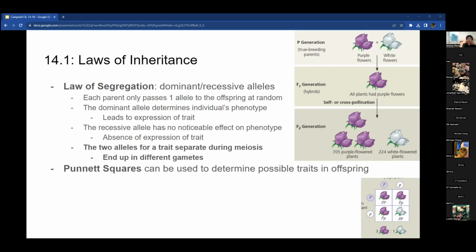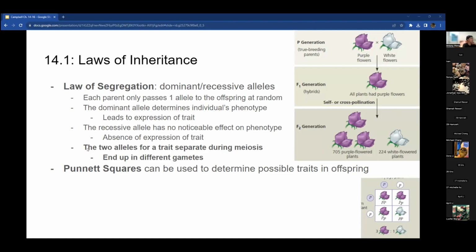However, if you have two recessive alleles, the absence of function leads to the phenotype. Does that make sense? So dominant allele, function leads to phenotype. Two recessive, absence of function leads to phenotype.